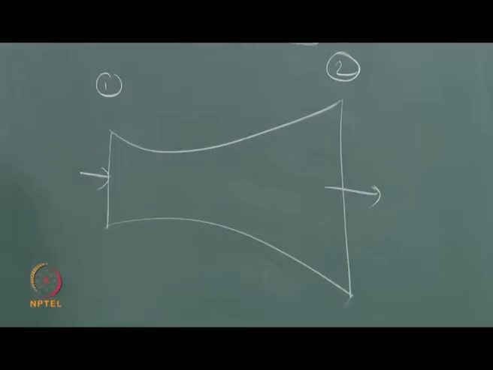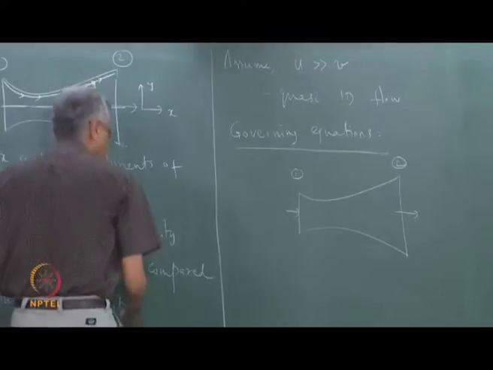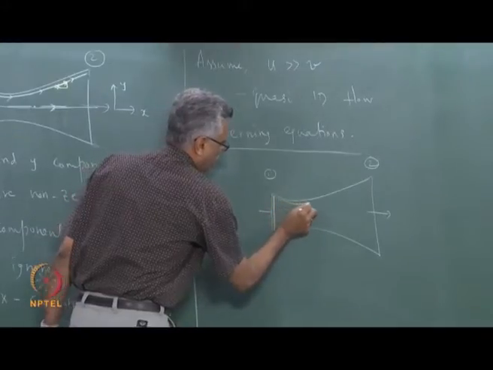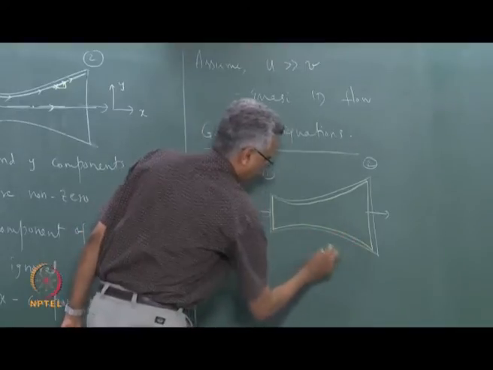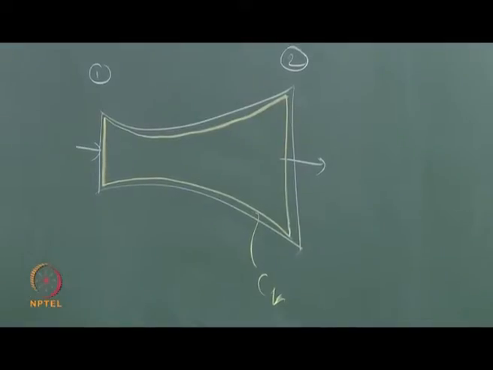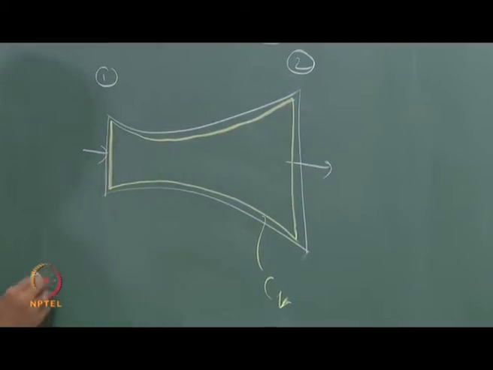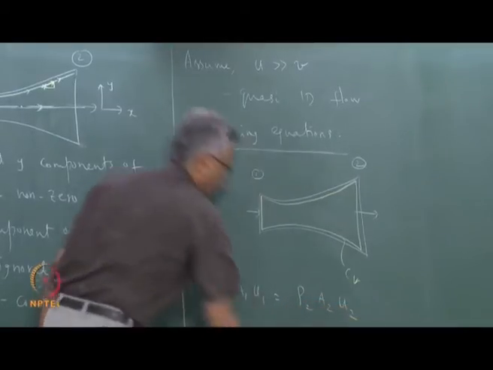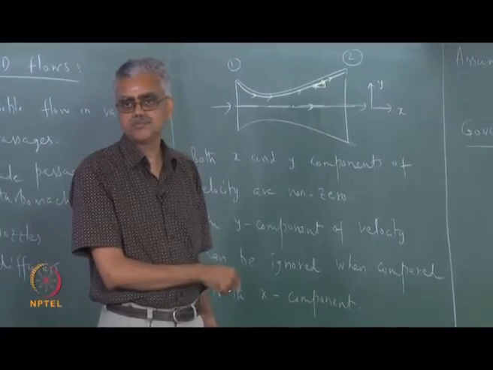If I sketch a control volume like this, then I can apply mass balance to this and write the mass balance equation as rho 1 A1 U1 is equal to rho 2 A2 U2. Notice that for the first time in our governing equations, the area explicitly appears.